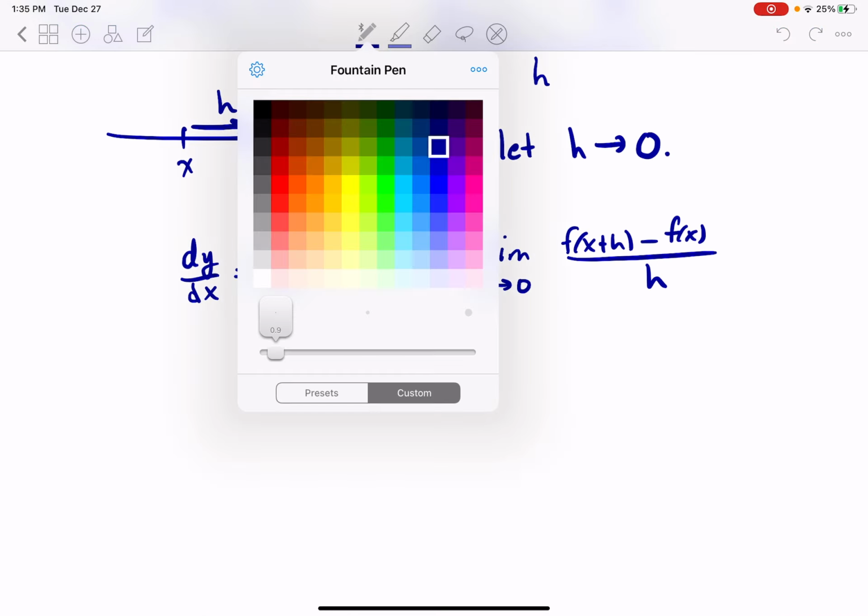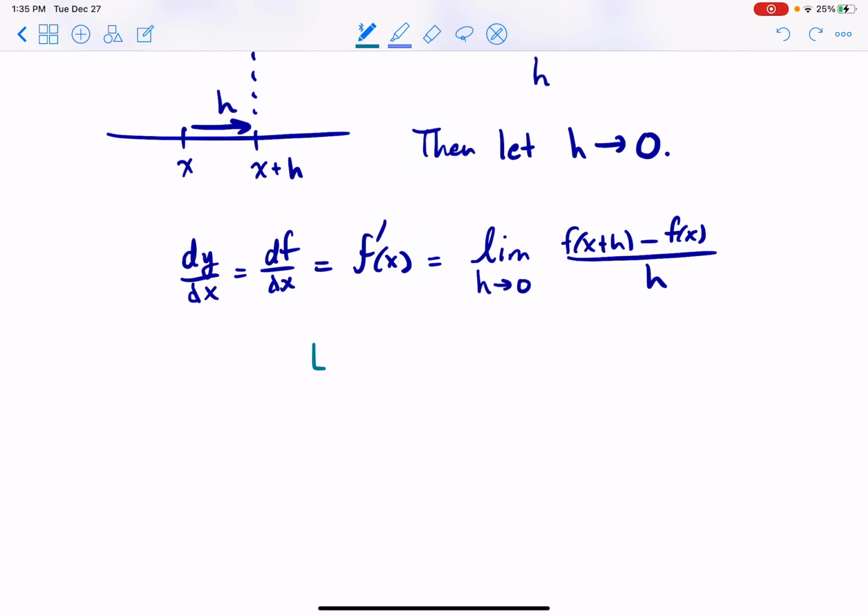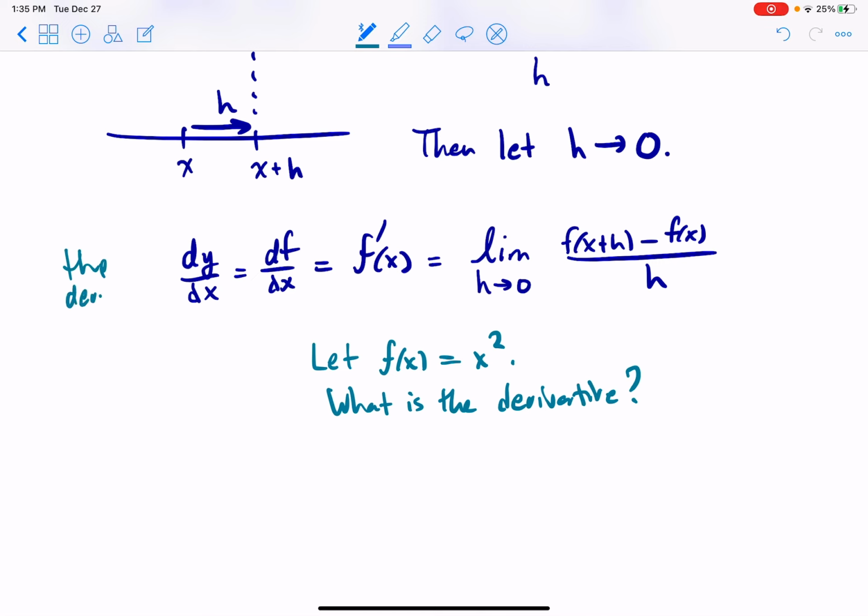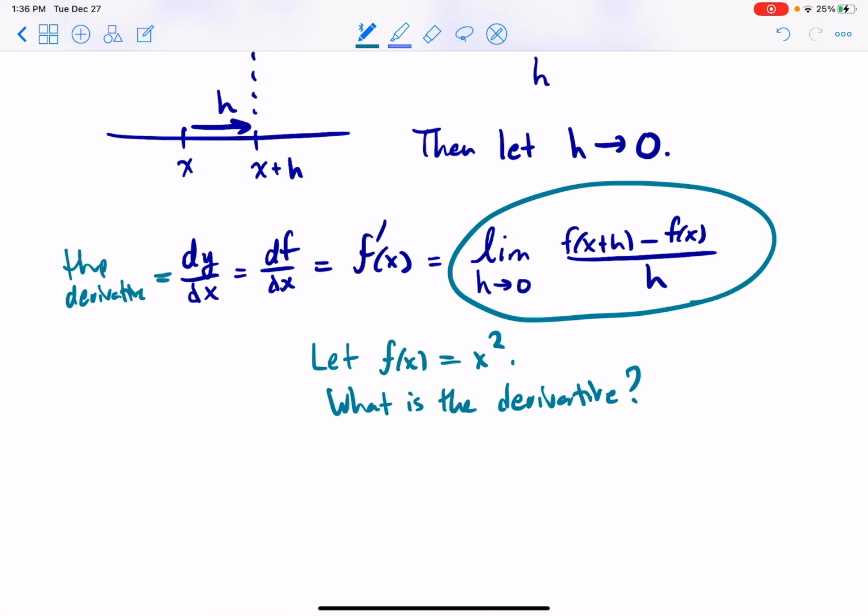So now I'll change to a different color. Let f of x equal x squared. What is the derivative? Well, the derivative is now in words what all these things mean in symbols. And specifically, it's the limit of the Newton quotient.